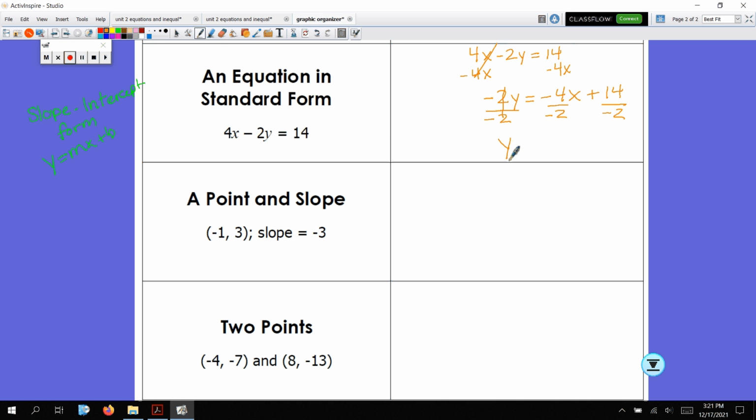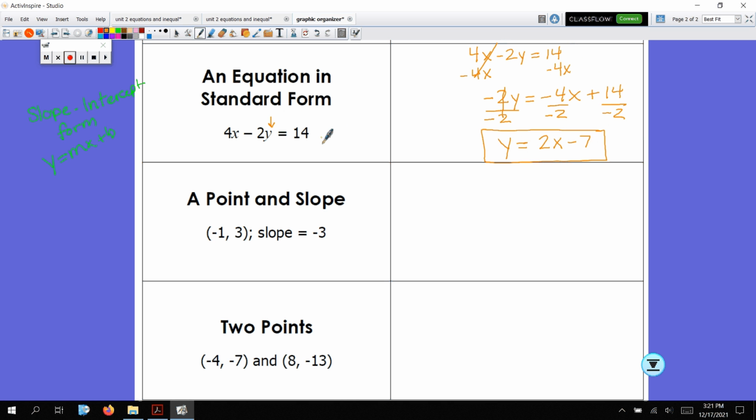Now I just have y equals -4 divided by -2 is +2x. Positive 14 divided by negative 2 is negative 7. That wasn't so bad, but take your time. Standard form, you want to solve for y. This stays. Everything else goes to the other side of the equation.